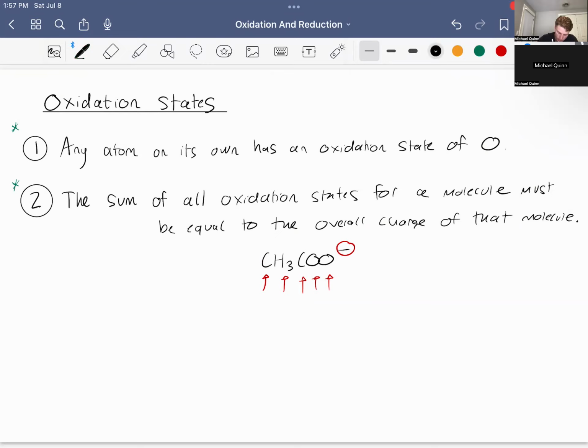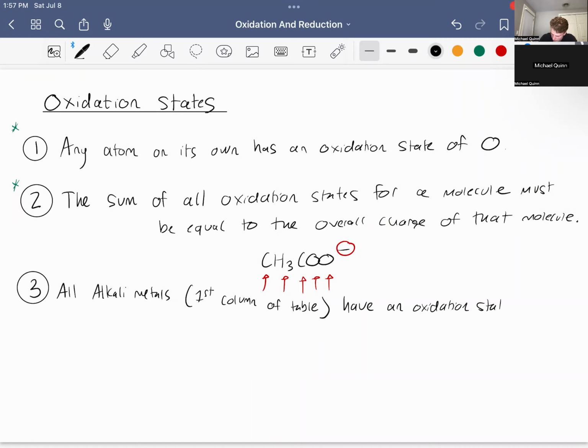So rule number 3, all alkali metals, which are on the first column of the table, which include atoms like lithium and potassium, have an oxidation state of +1.